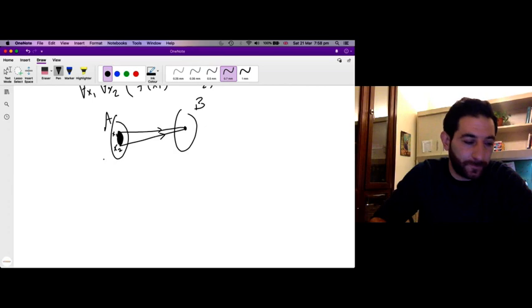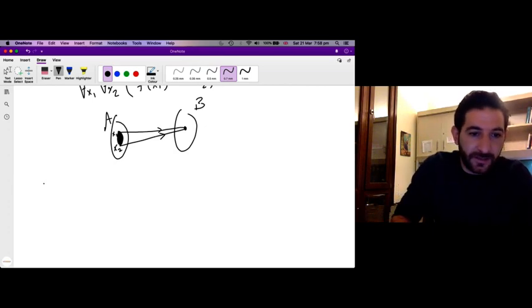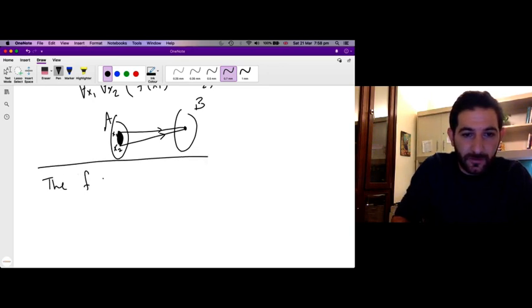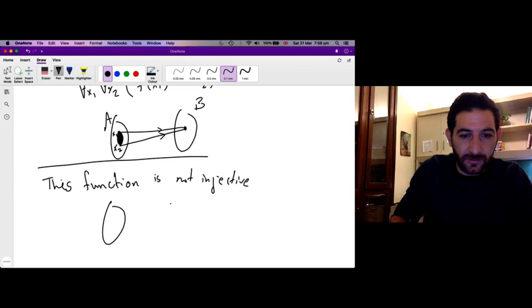Okay, now let's have an example of a function which is not injective.